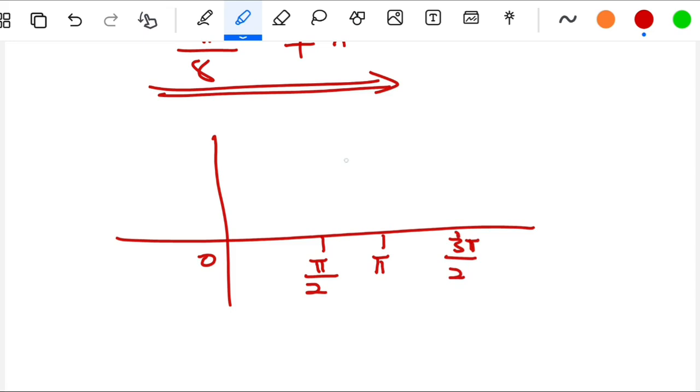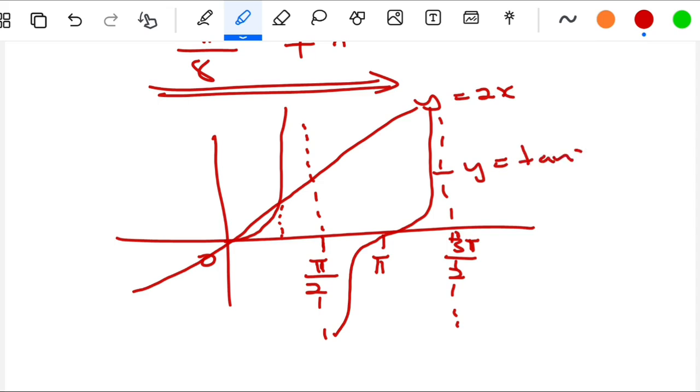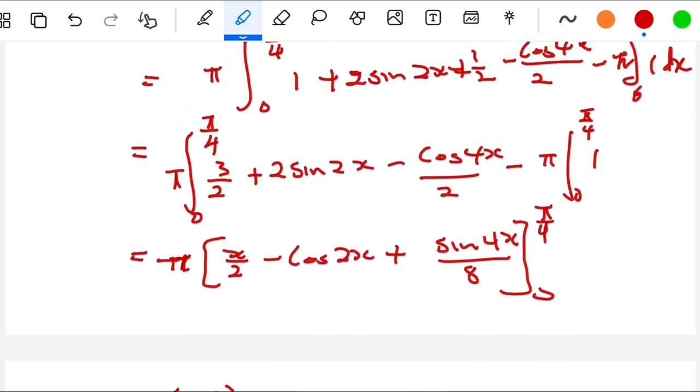We know that tan doesn't touch these lines, which means the graph of tan will be doing this, then this side is going to do this. Then our y equals 2x is going to be doing this. Okay, so here we have an intersection, y equals 2x and y equals tan x. So we're done with the sketching.